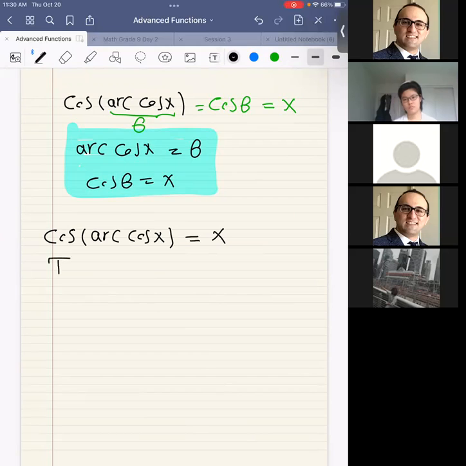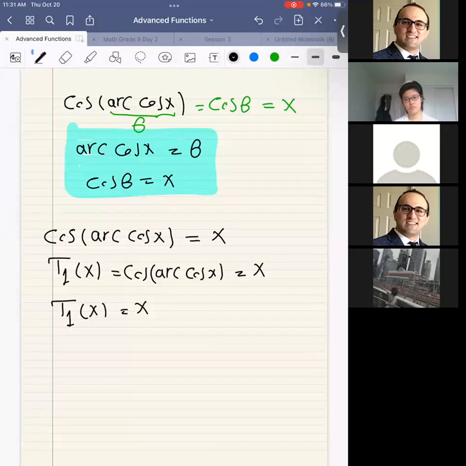So that means T1 of x, which is defined by cosine of arc cosine of x, is also x. So T1 of x is equal to x. Now, I want you, this is a little bit harder. Find T2 of x.